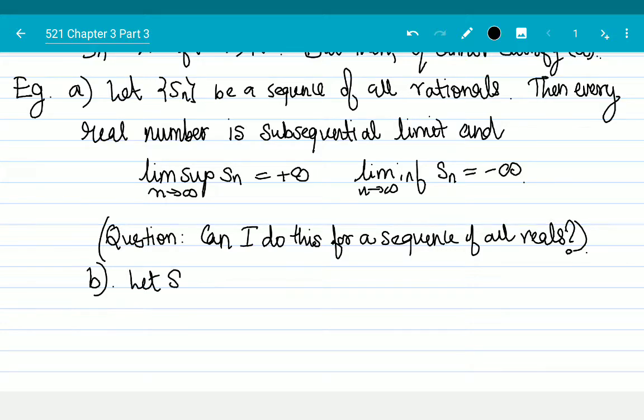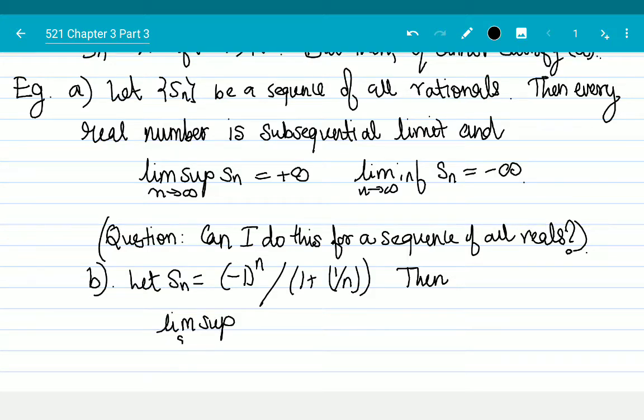Second, suppose that Sn is equal to (-1)^n times (1 plus 1 over n). Then the lim sup as n goes to infinity of Sn is equal to 1, and the lim inf of Sn is -1.